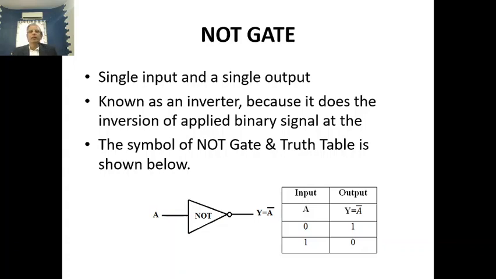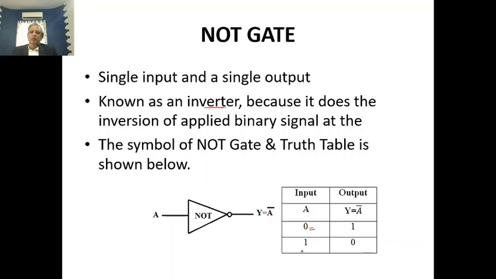Then the NOT gate. The NOT gate has a single input and single output. This gate is also called the inverter, because it does the inversion of the applied binary signal at the output. Means if A is 0, what is the output? 1. Means this is inverted, changed.